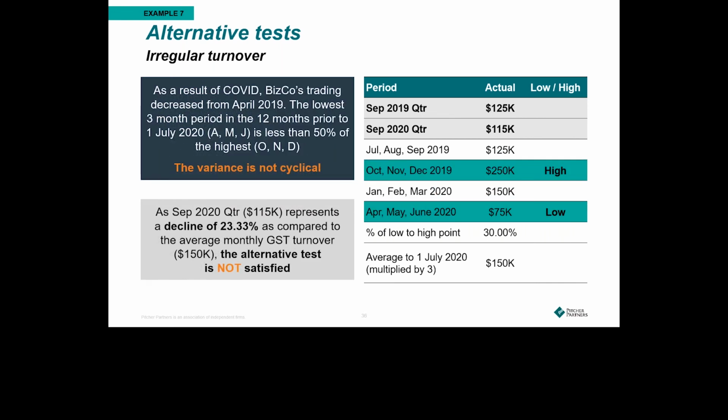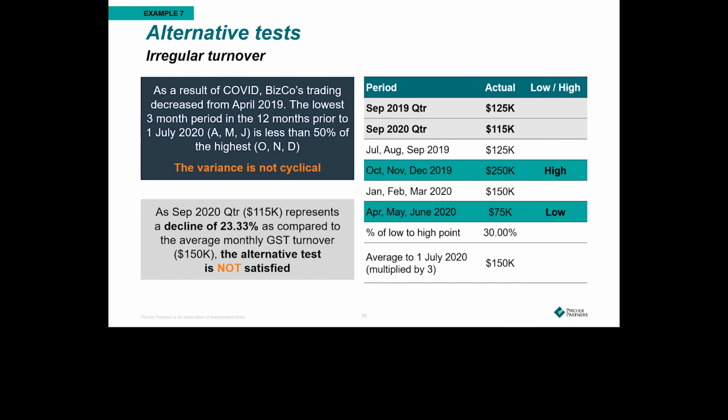And this second example just highlights, well, we're not going to use the 1 March period. We're going to use the alternative of the period immediately prior to our test period. So here we don't pass the basic test. Our turnover's fallen by 10,000 from 125 to 115, not quite 30%.